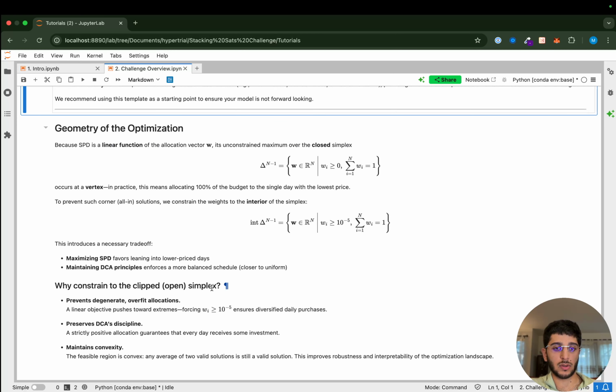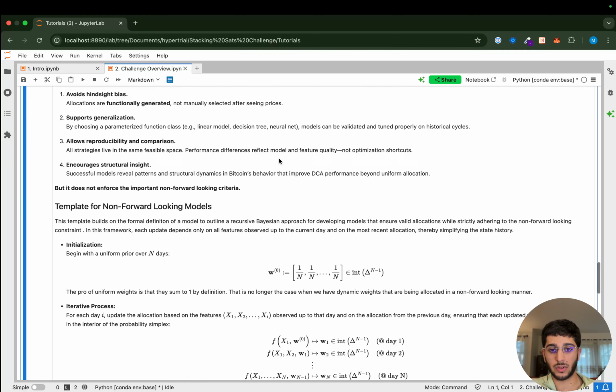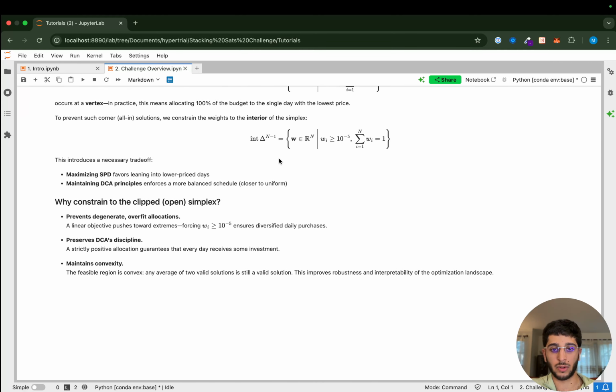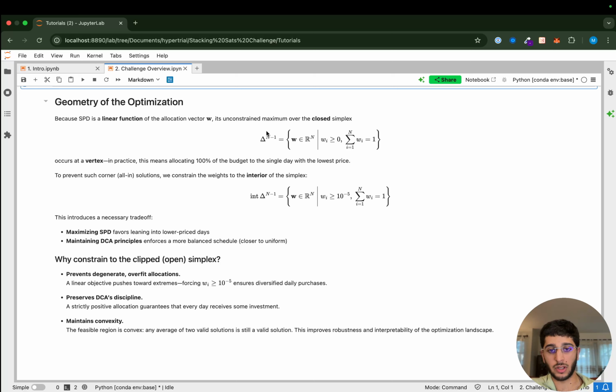Now, lastly, this is just some cool facts about this whole problem and the geometry of this simplex. Because our objective function, which is the Satoshi per dollar metric, is linear, its unconstrained maximum over the simplex, specifically not the simplex that we're using, which is right here, the interior, but over the closed simplex, where the only difference is that we now actually allow each day to have a daily purchase amount of 0, is going to lie on a vertex.